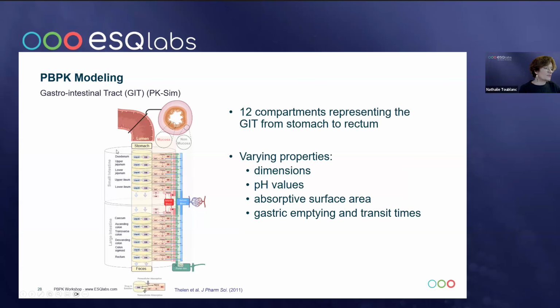So you've got 5 compartments in the small intestine, and then 5 as well in the large intestine with varying properties, and you can read what they are, and they are important to explain how the drug is moving into that. And also you can see that here we've got an explicit representation of the mucosa, which itself is subdivided into the enterocyte, the interstitial, and the vascular space. And this allows us to account for CYP distribution, so enzyme distribution, and also transporter distribution.